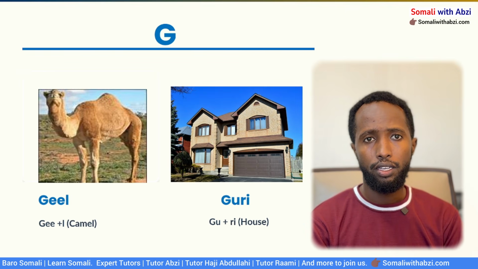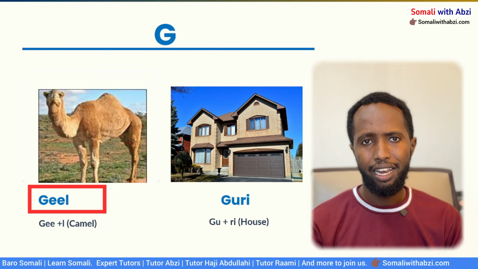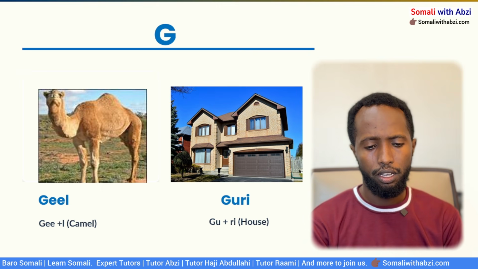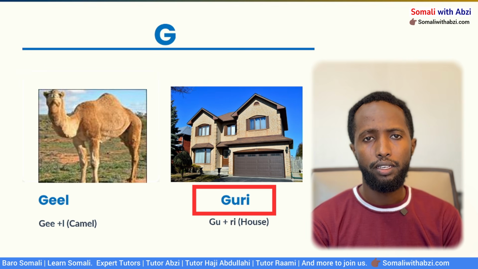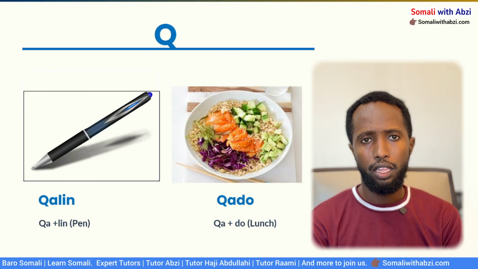The next is ga, and we have got gaal, gaal, and we have a very long vowel, gaal. Also we have guri, guri. Now we have got the letter fa, like faras, faras. And also we have fore, fore. The next letter is qa.